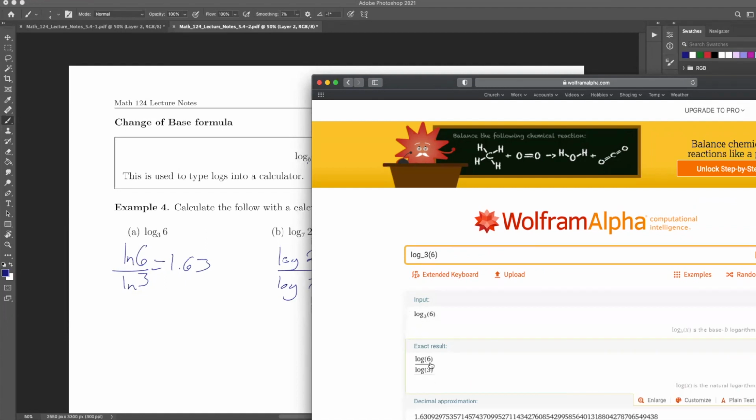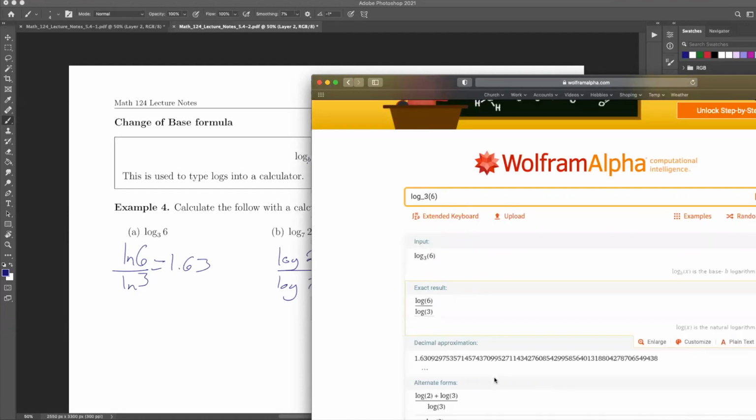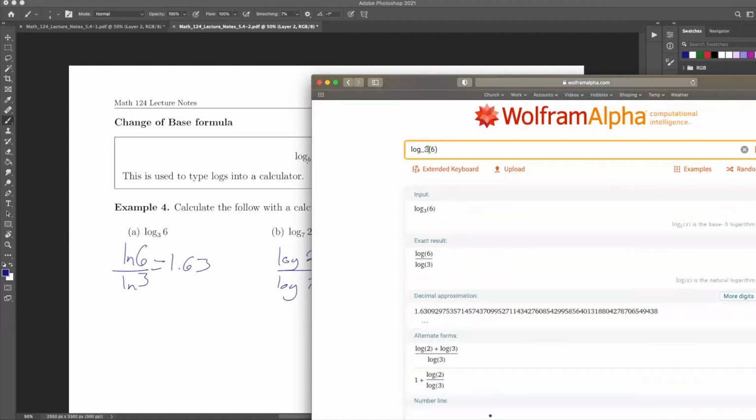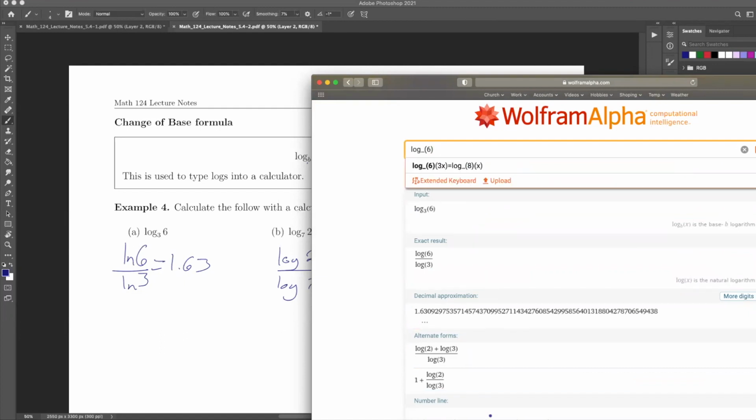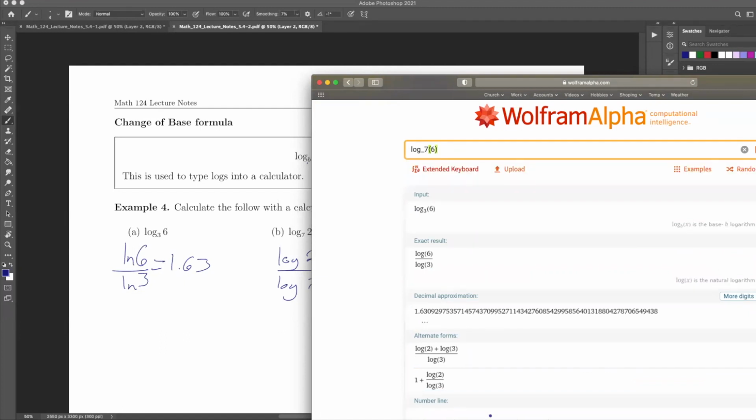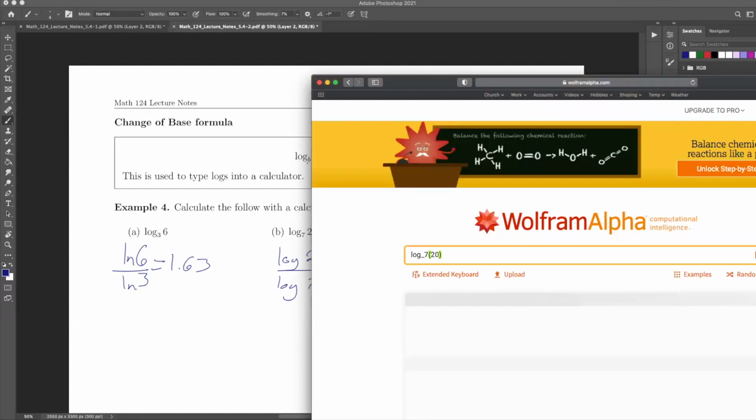This is what it's doing: the natural log, where ln is a natural log. It crunches out this number, right? And here you can do log base 7 of 20. There's our other one.